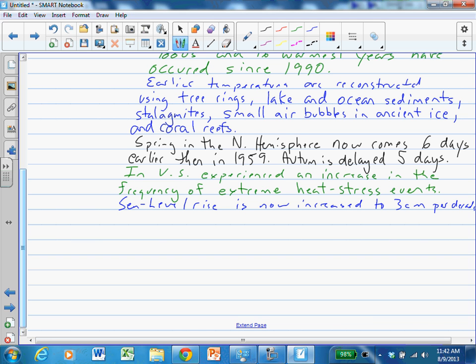Glaciers worldwide have retreated or are retreating. And severe weather events are on the rise.